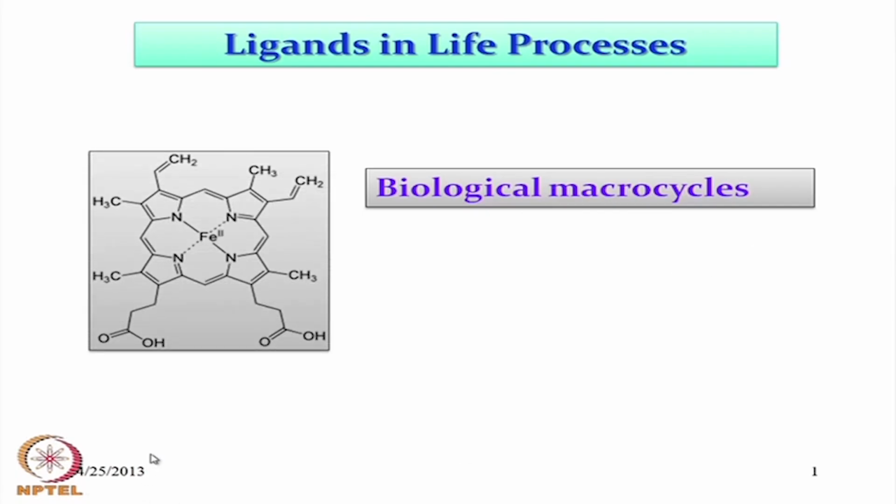One is of this type, which is basically a cyclic ligand where 4 nitrogen donor atoms are available and all 4 nitrogen donor atoms are connected within a big macrocyclic structure, and the metal ion will be sitting at the center of this cycle.